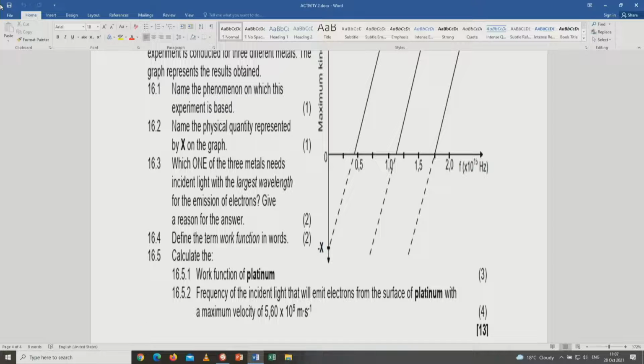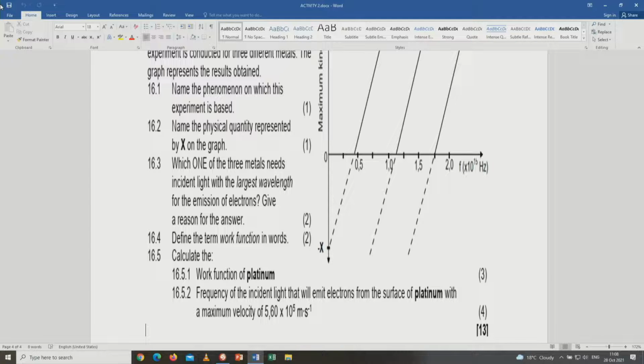Then 16.2, we are asked to name the physical quantity represented by X on the graph. I showed you earlier, just before this activity, that if we rearrange the photoelectric effect formula into the form of the straight line equation, then your y-intercept will be your work function.